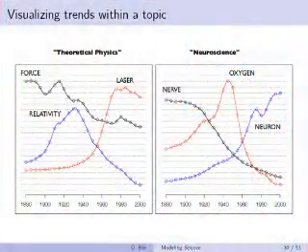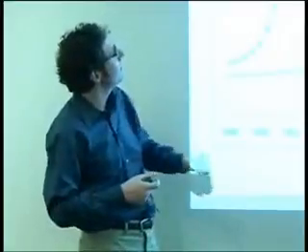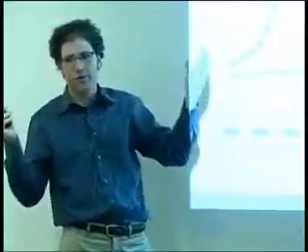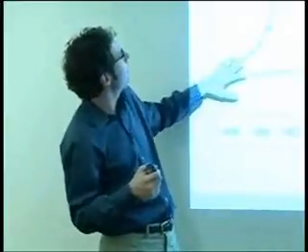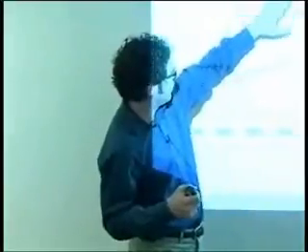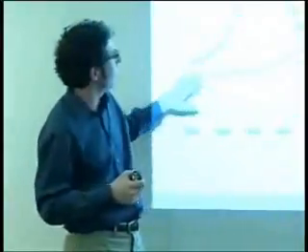Moreover, we can take a topic, look at particular words within it, and ask how their relative probability changed over time. I put the topic names in quotes because, of course, we don't have anything marked up as theoretical physics. But in this topic that seems to correspond to theoretical physics, you can see words like relativity peaking in the 30s and dissipating, and words like laser increasing.